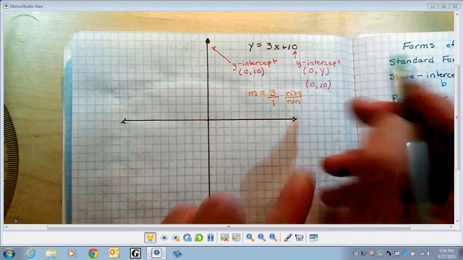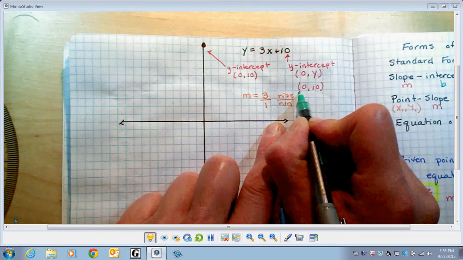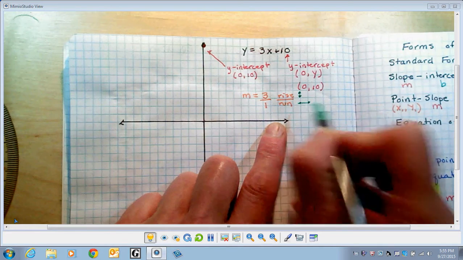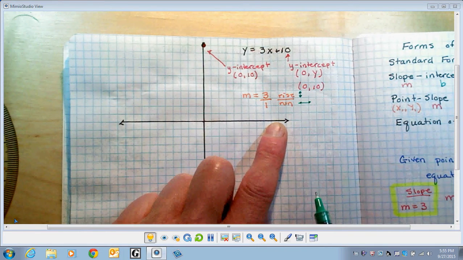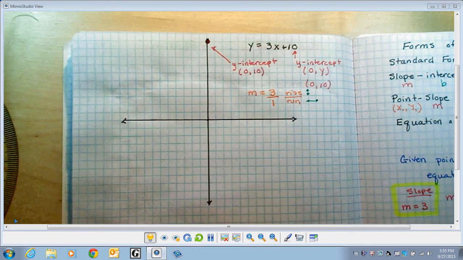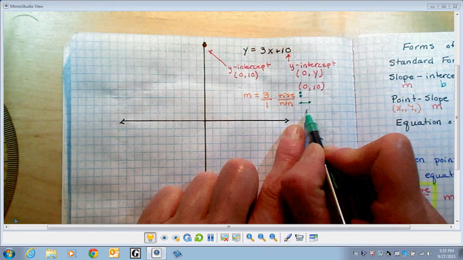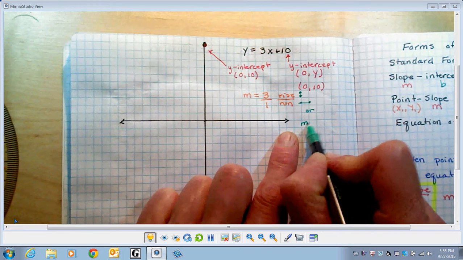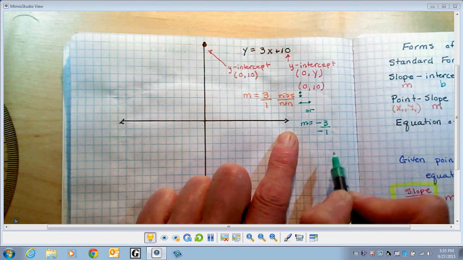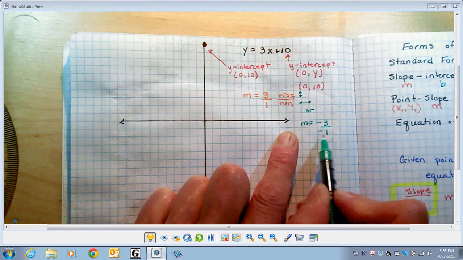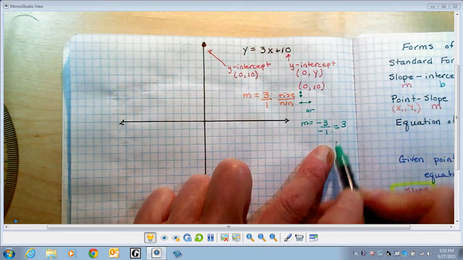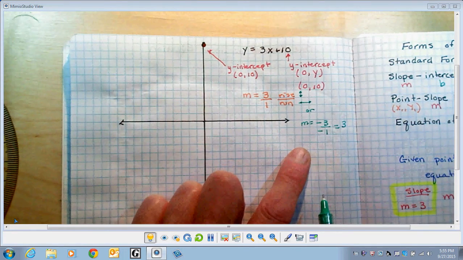Remember that rise is up or down and run is left or right. So my slope can be 3 over 1, or, I'm going to write it in green over here, or my slope can be -3 over -1, because -3 divided by -1 is still 3. So I haven't changed the value of the slope.